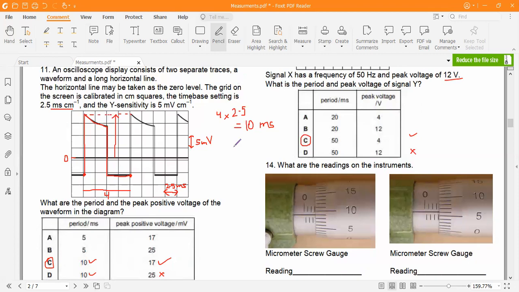Why did you take 4 horizontal blocks? Because they want us to find the period, and period is always for one wave. If I go along this wave from this point, it is one wave up till here. After that it is repeating. This is basically a new wave; you can see it is again repeating.